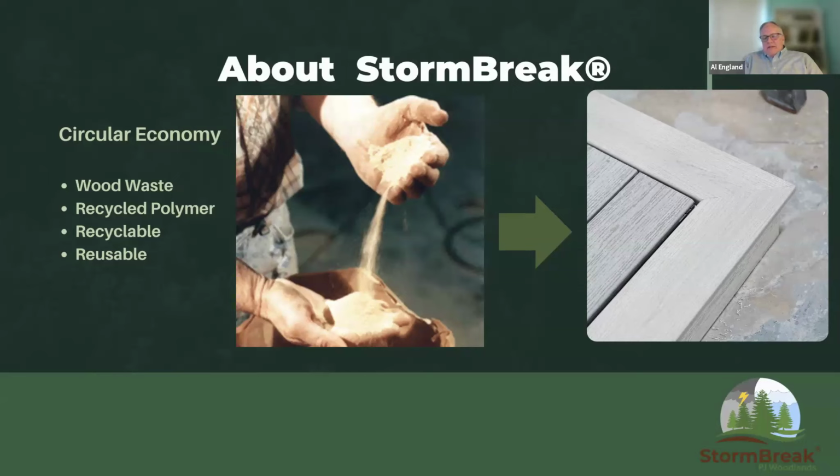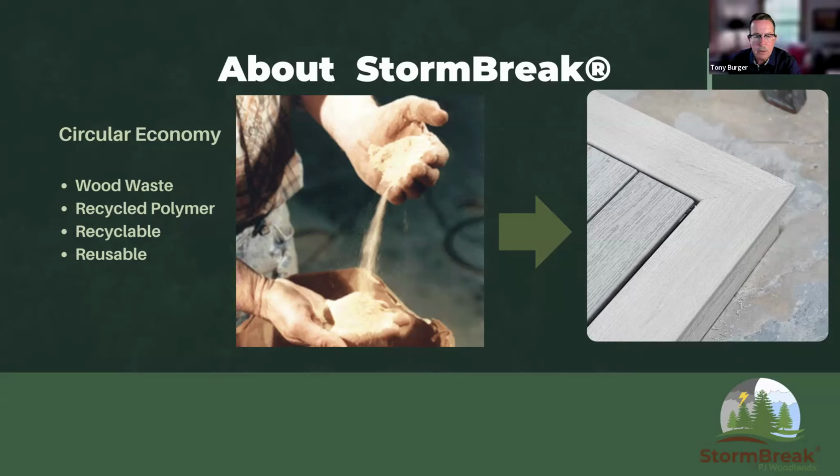Stormbreak maximizes that value by specifying installation practices and tools used at the job site that are familiar throughout the supply chain. Value for the property owner is lasting beauty, low maintenance, and reduced callbacks.